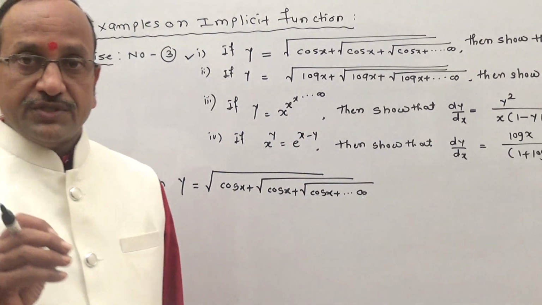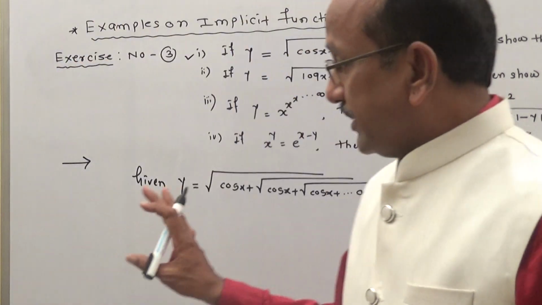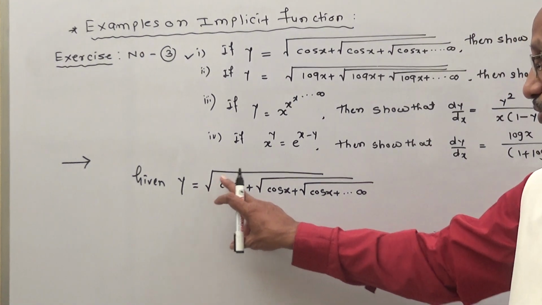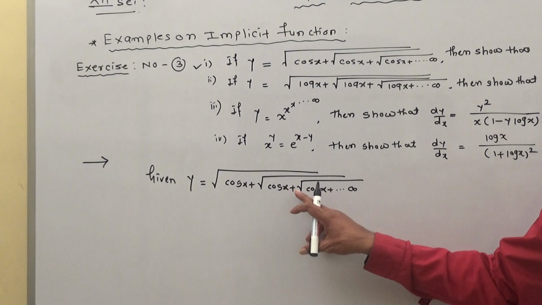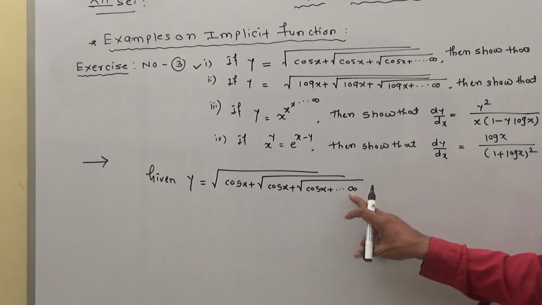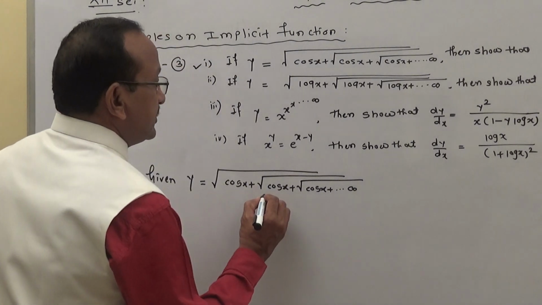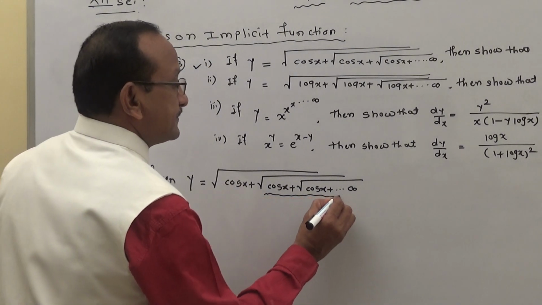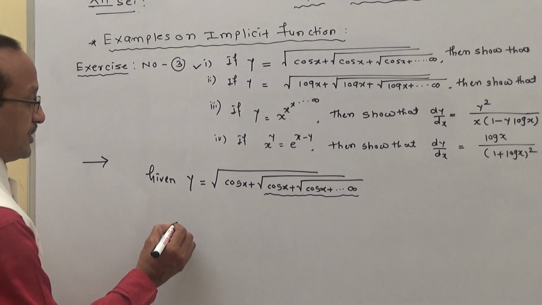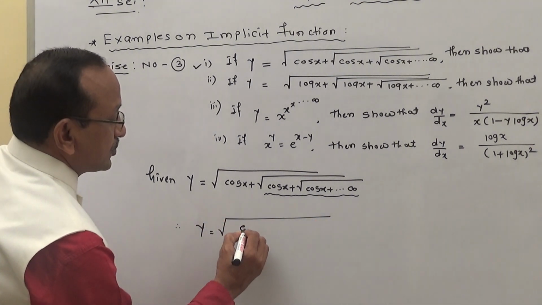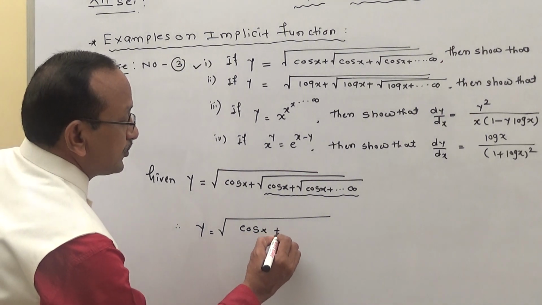It is very simple and very easy to find. So now consider this whole expression equal to say y. So now y is equal to root of cos of x plus y.